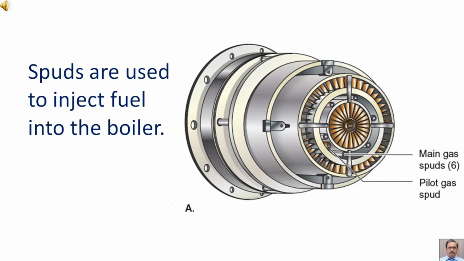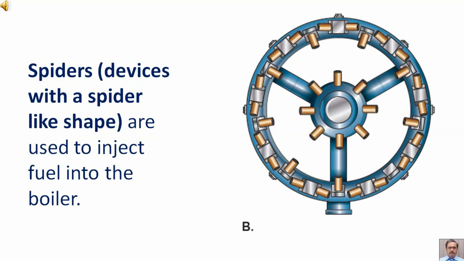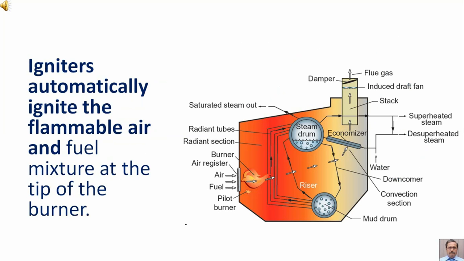Spuds are used to inject fuel into the boiler. Spiders, that is devices with a spider-like shape, are used to inject fuel into the boiler. Igniters automatically ignite the flammable air and fuel mixture at the tip of the burner.